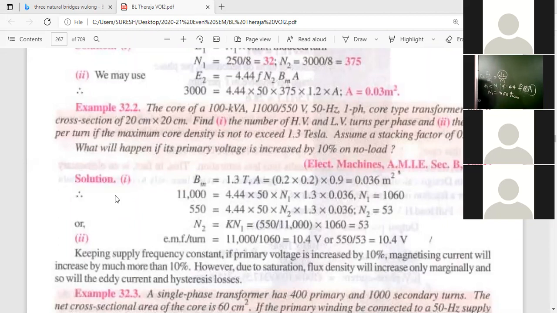Now he is asking EMF per turn. EMF per turn means you can take the formula E1 by N1 or E2 by N2.